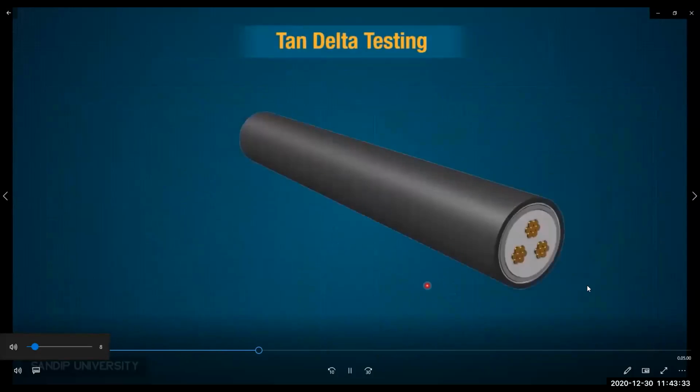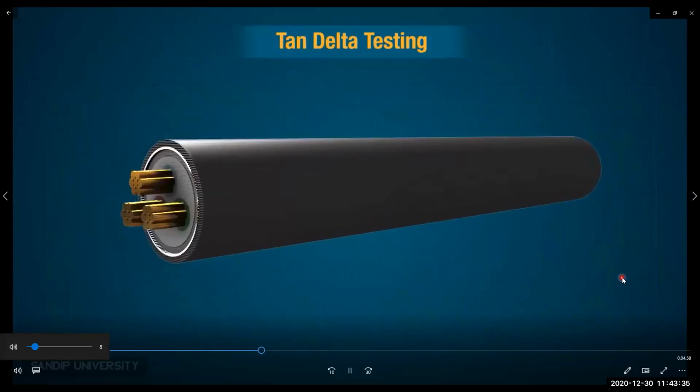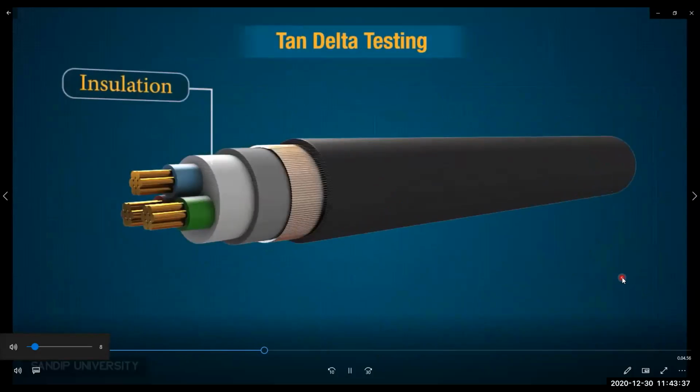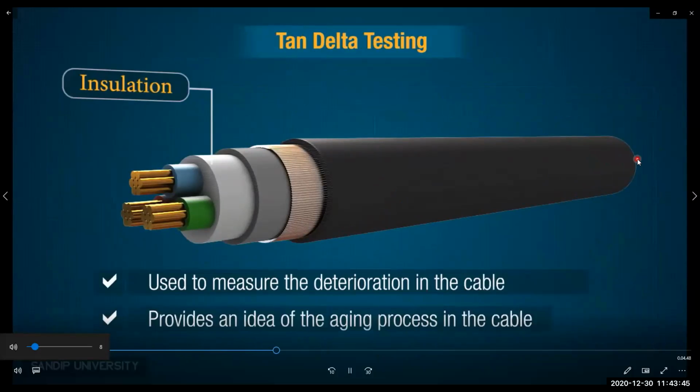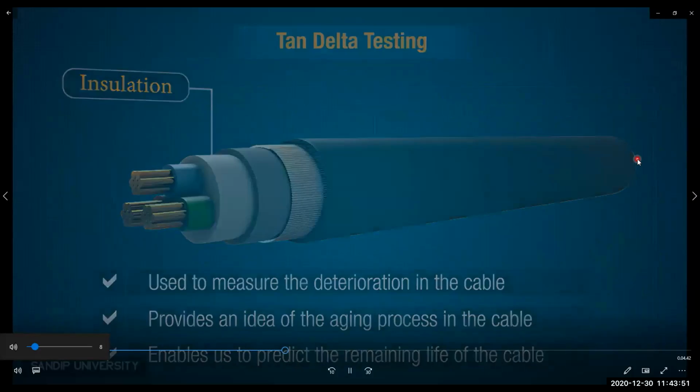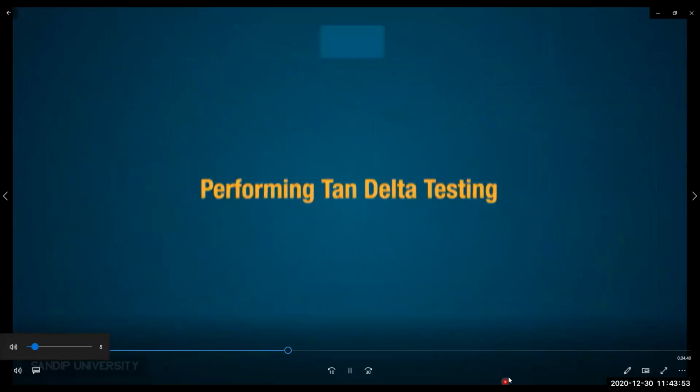Consider tan delta testing. Take the insulation of a cable. It is used to measure the deterioration of the cable. It provides an idea of the aging process in the cable and enables us to predict the remaining life of the cable. It's clear.